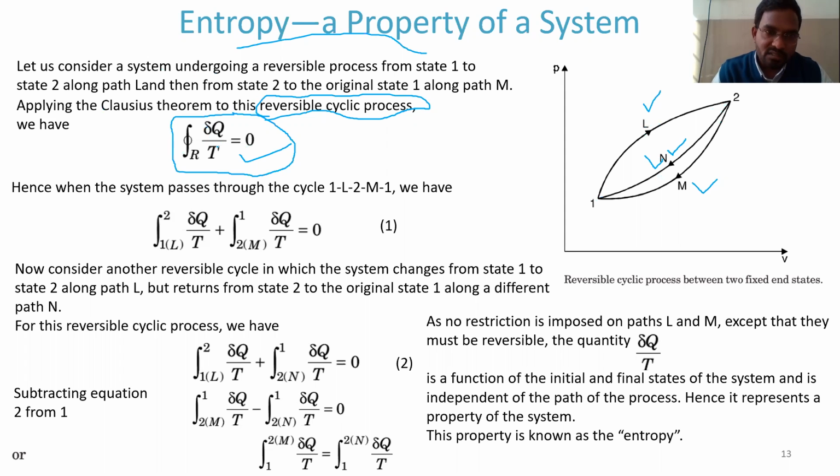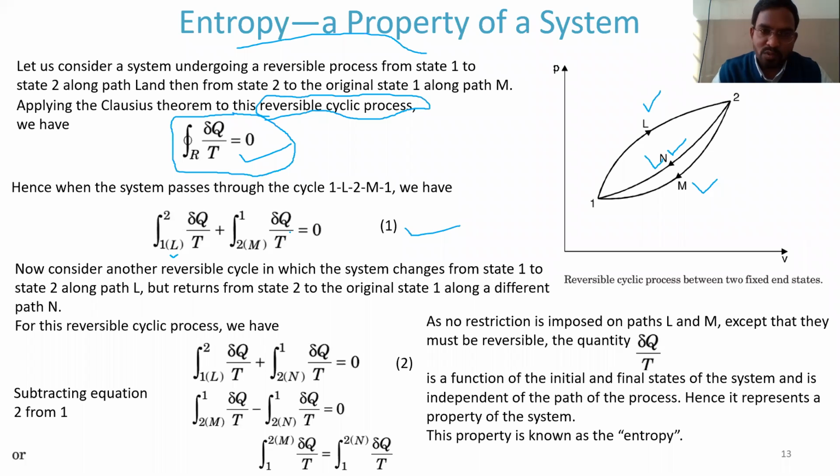So let's split this equation for 1 to 2 and 2 to 1. So equation will be for 1 to 2 through path L, dQ by T, plus second stage is 2 to 1, path followed is M, dQ by T, is equal to 0. Let's consider this one as equation number 1.